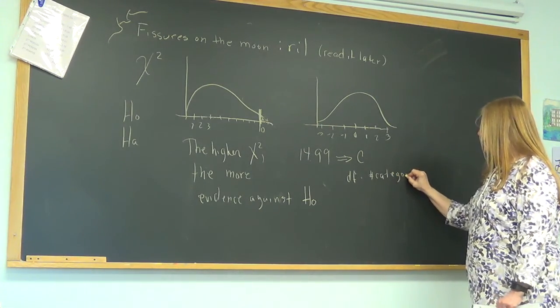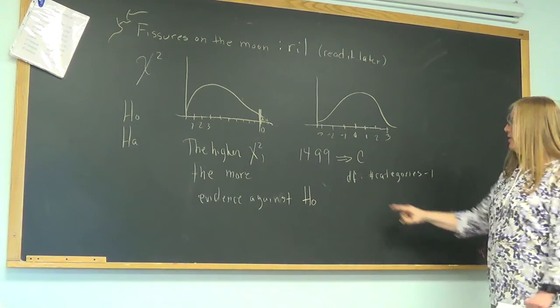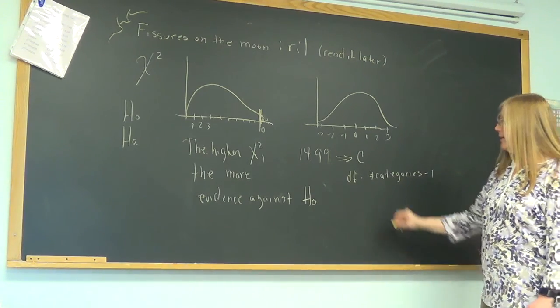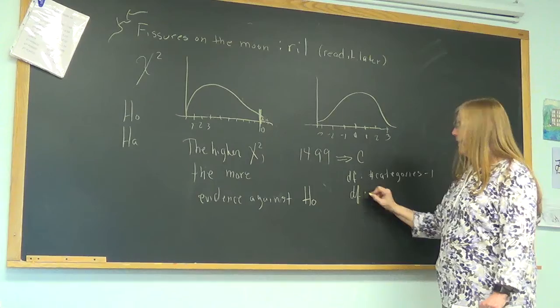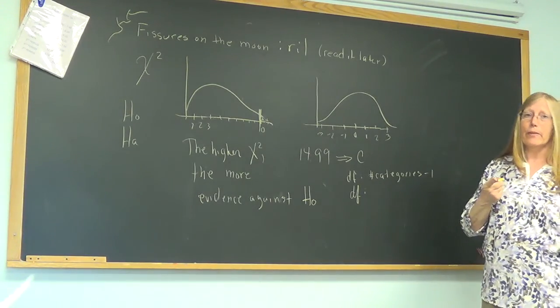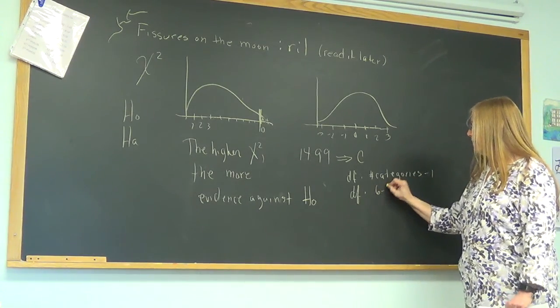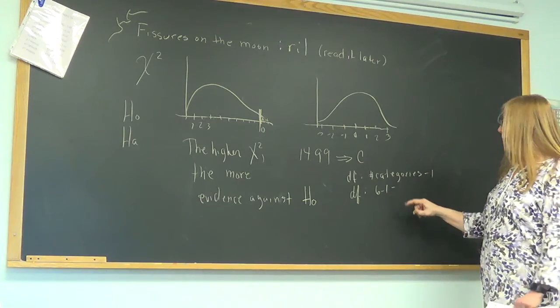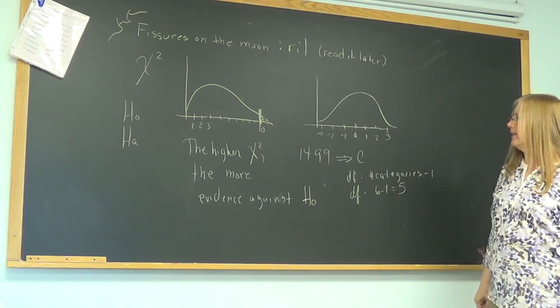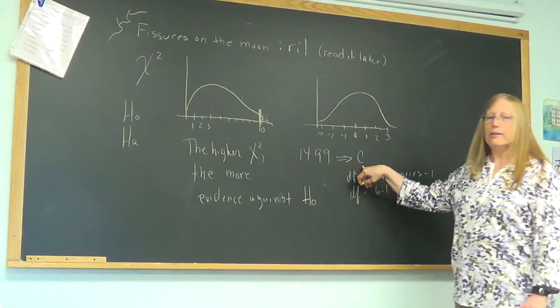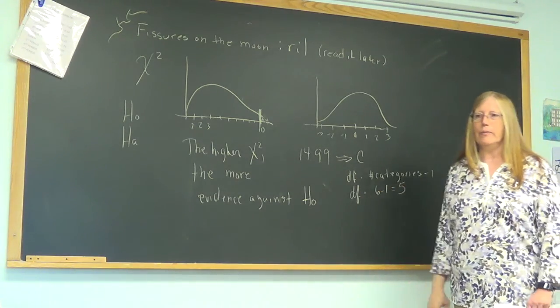Number of categories minus 1 is your degrees of freedom. So in this case, everyone had the same degrees of freedom. What was it? 5. So we had 6 categories of color. Minus 1 is 5. So we went to degrees of freedom 5, and then what did we do?